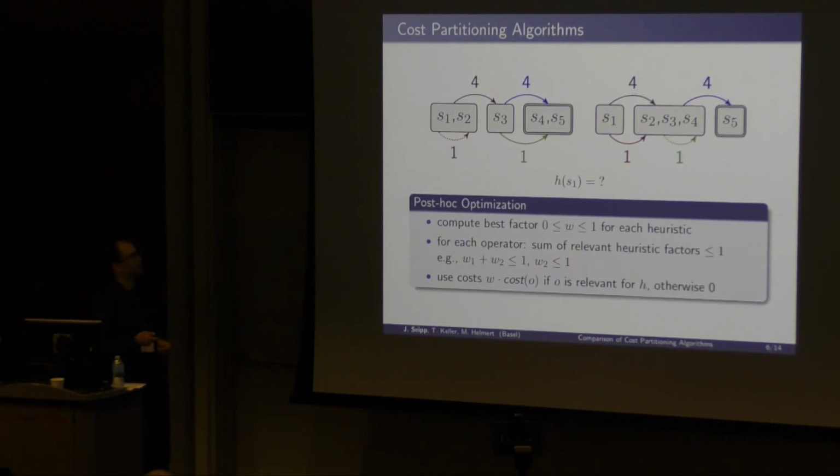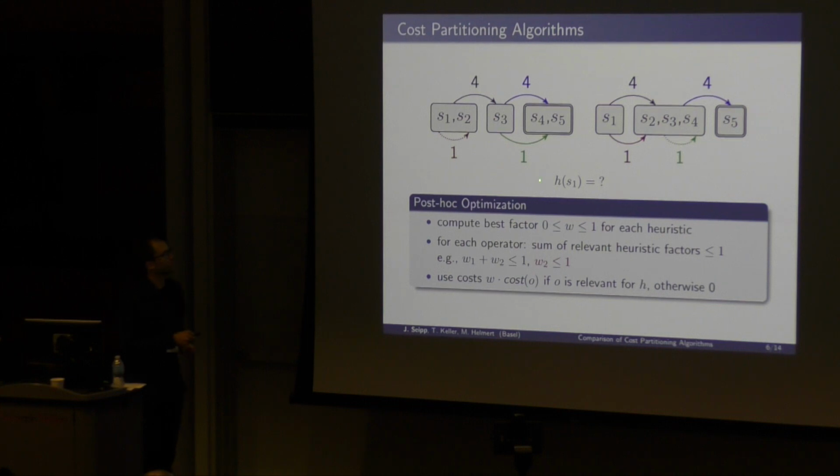Now that we know that this is not really feasible to compute in practice, there are several alternatives that are actually computable. One of these is post-hoc optimization, which is closely related to optimal cost partitioning because it can also be computed with a linear program. What it does is compute the best factor W between 0 and 1 for each heuristic in such a way that for each operator the sum of the relevant heuristic factors is smaller than or equal to 1.